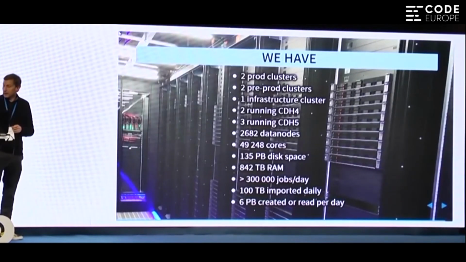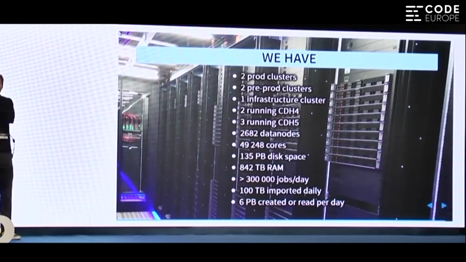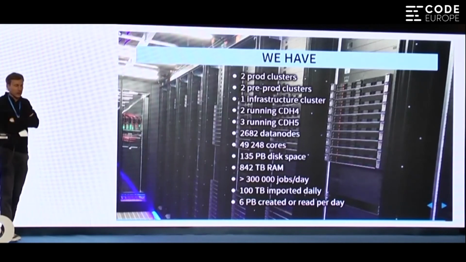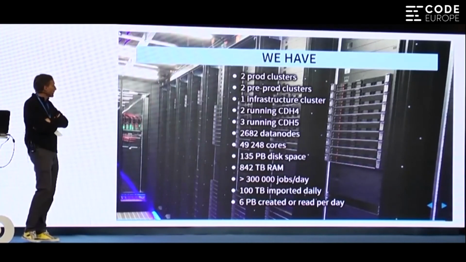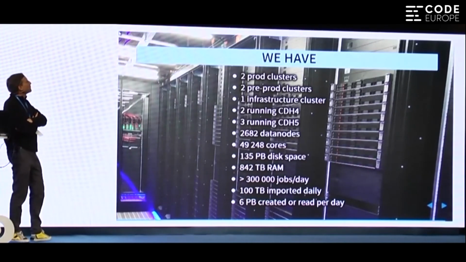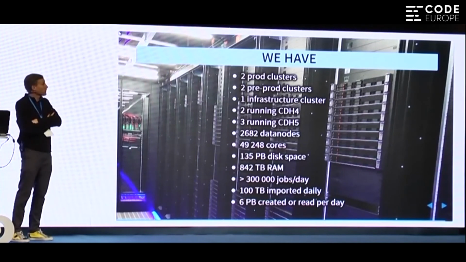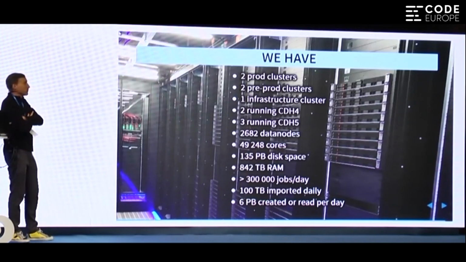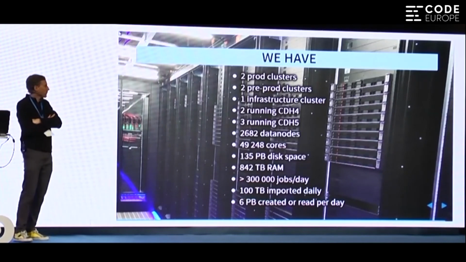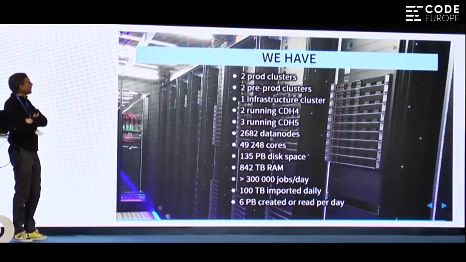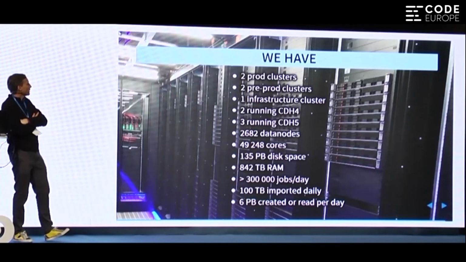So today, a quick summary of where we are. We have 2 production clusters. Soon we'll only have 1, and then next year we'll add the new one. Since these production clusters are running 2 different versions of Hadoop, we have 2 pre-prod clusters, 1 for each version. We have our lake infrastructure cluster where we do our tests. You can see we've got 2 running the old version, 3 running the new.